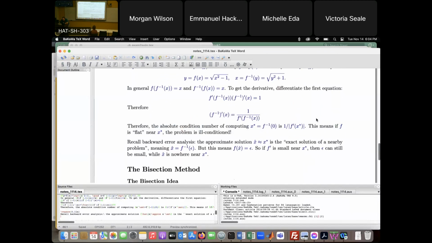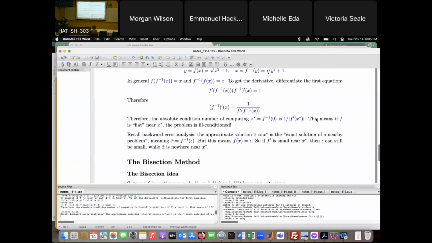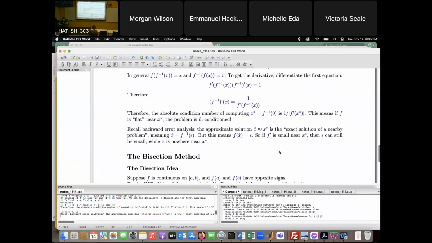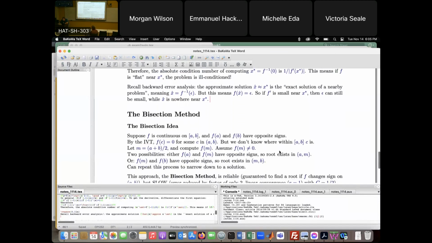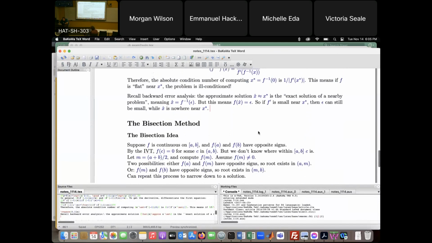All right, now talk about the first of four methods that we'll see in this chapter, bisection. So here's a general idea behind bisection.